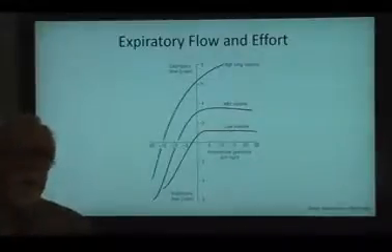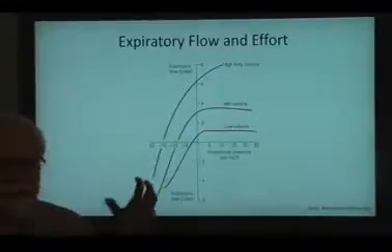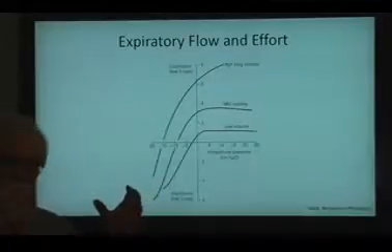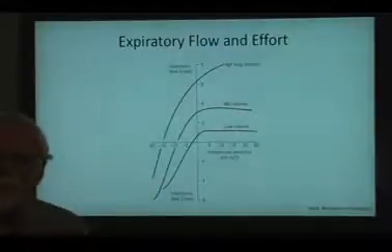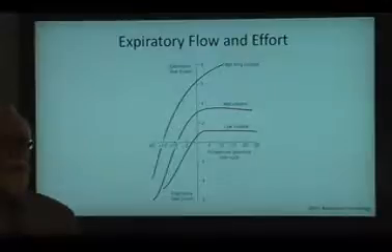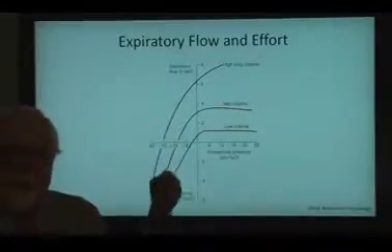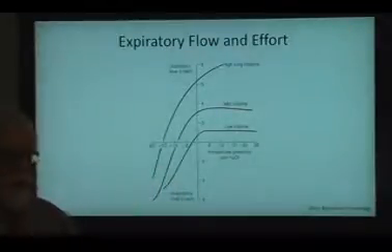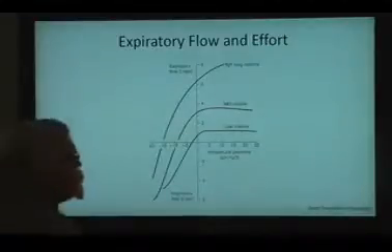And that is primarily because elastic recoil pressure of the lungs is determined by lung volume. So if you breathe into total lung capacity, there's more elastic recoil pressure trying to cause the lungs to collapse.